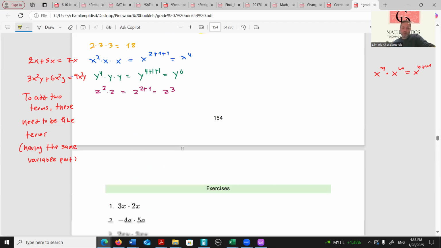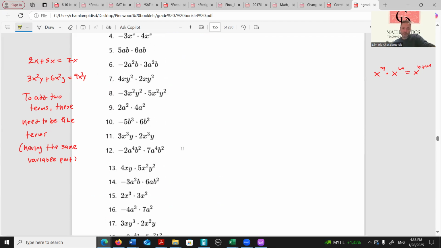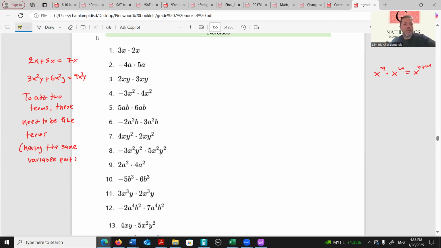Let's do some more exercises and we can continue. Let's do the odd ones. 3x times 2x. 3 times 2 is 6. X times x is x squared. 2xy multiplied by 3xy. 2 times 3 is 6. X times x is x squared. And y times y is y squared. 5ab multiplied by 6ab. 5 times 6 is 30. A times a is a squared. And b times b is b squared. 4xy squared multiplied by 2xy squared: 4 times 2 equals 8.